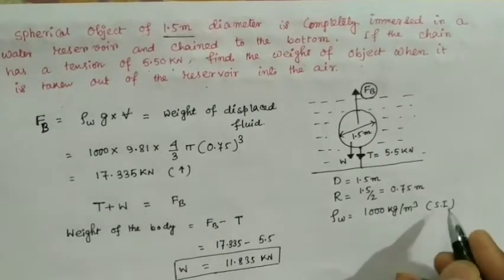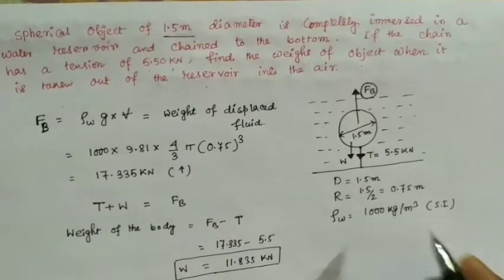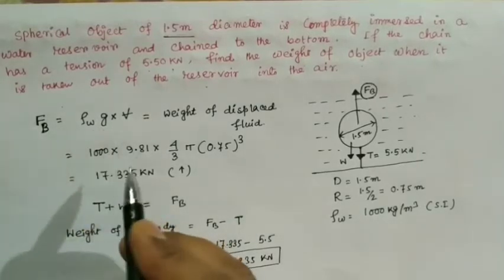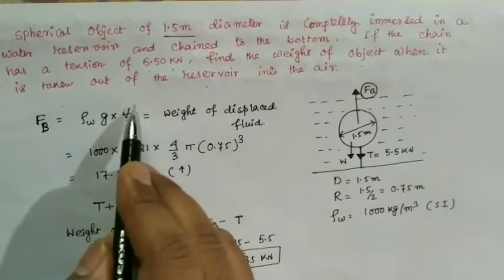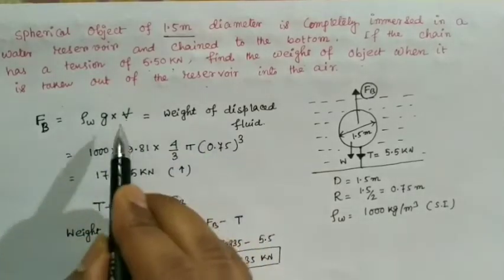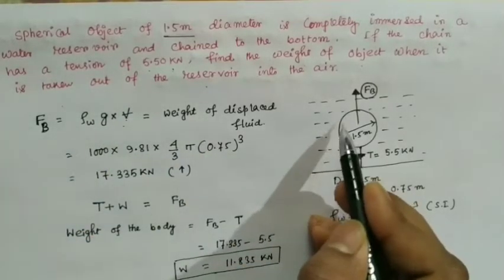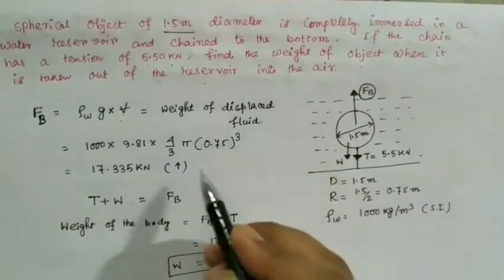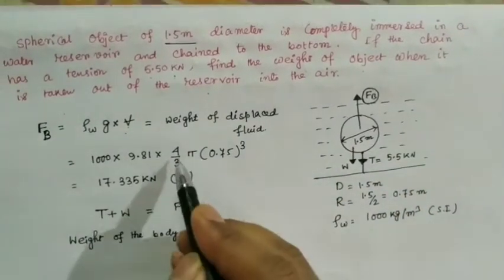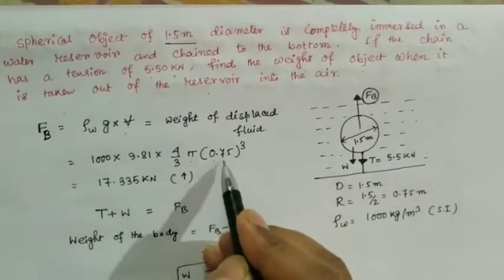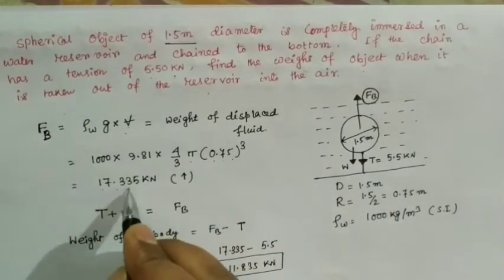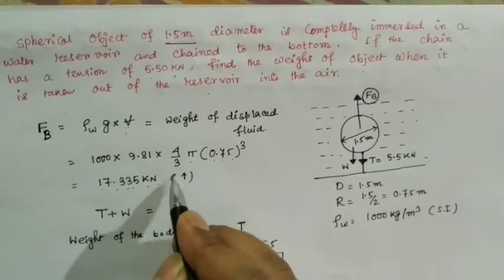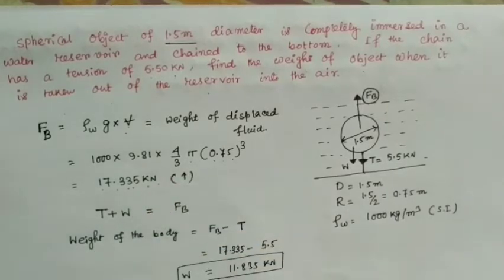In SI units it is 1000 kg per meter cube, and the value of g is 9.81 meter per second square. The volume displaced is nothing but the volume of the spherical object itself. Then what is the volume of the spherical object? 4 by 3 pi 0.75 whole cube. Then we get the result 17.335 kilonewton, and its direction will be upward.